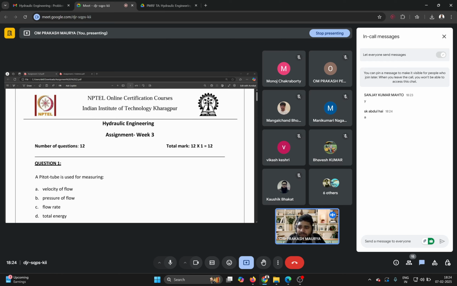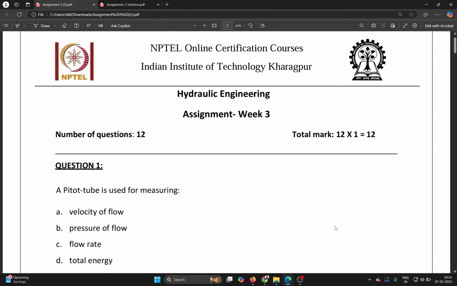Abdul is telling option A, velocity of the flow. Please, other participants also try to give the answer in the chat box as soon as possible, then we'll move on to the next question. Okay, most of the students are telling option A. Yes, option A is correct for this question.